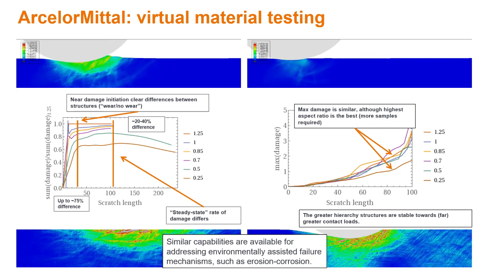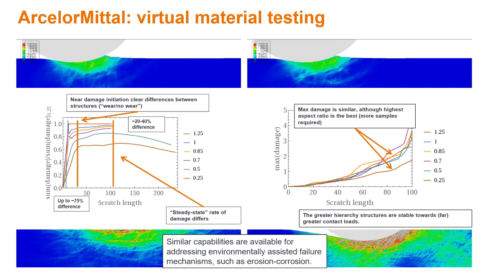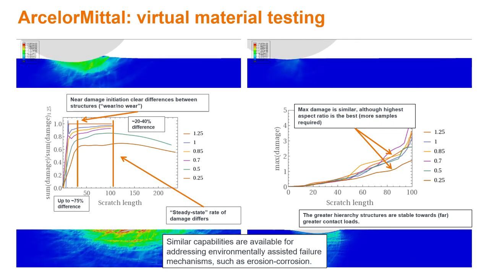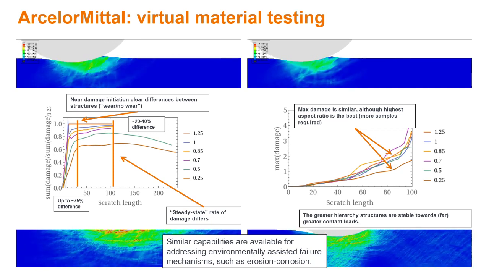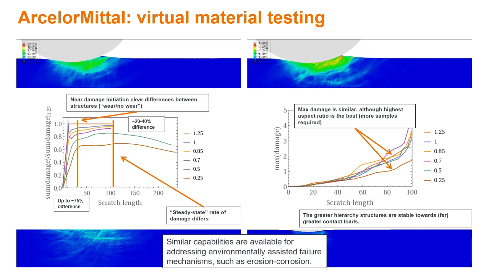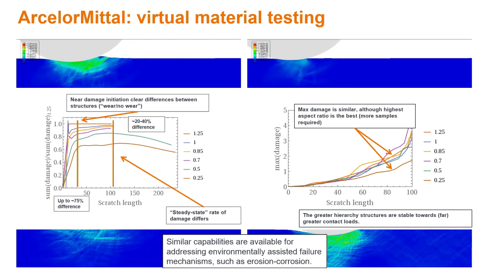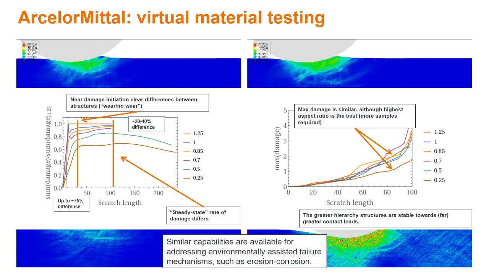We see an absolutely massive difference in the old 1.25 steel grade versus the newly developed 0.25. It's about 75%. So the damage near the initiation stage is much lower in the new ones. When the steady state process is reached at the second line, we see roughly a 20 to 40% difference still.